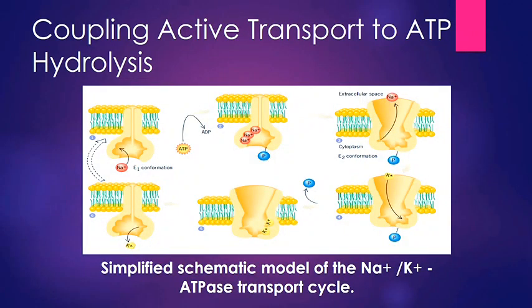So this figure shows the simplified schematic model of the sodium ion and potassium ion ATPase transport cycle. In step 1, the sodium ions bind to the protein on the inside of the membrane. ATP is hydrolyzed and the phosphate is transferred to the protein. In step 2, the protein changes its conformation.